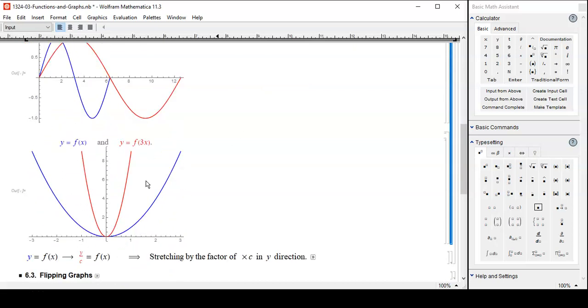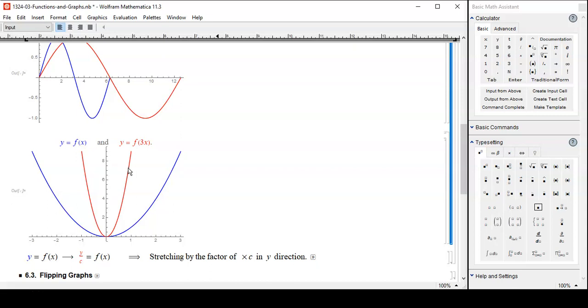Here, blue, and then we shrunk it. We compressed this blue in x direction to make it into red by a factor of 3. So compression. So we have to go backward.